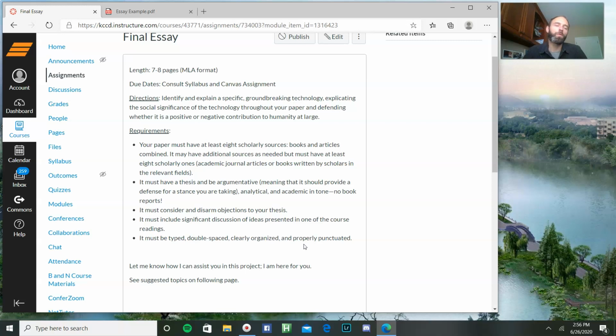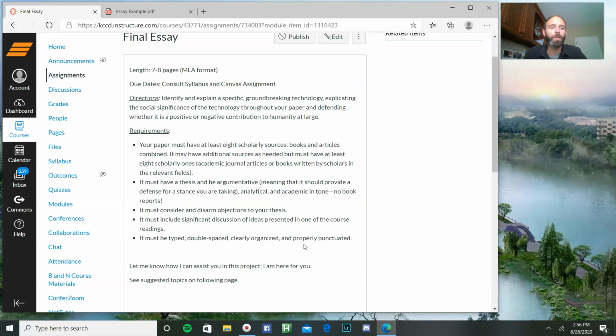You can have things like websites, but those will not count towards your academic sources. You can find academic sources on the Bakersfield College Library website. You can do the academic one-file search and use that to find academic sources.